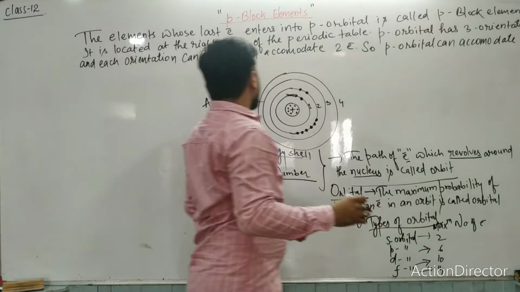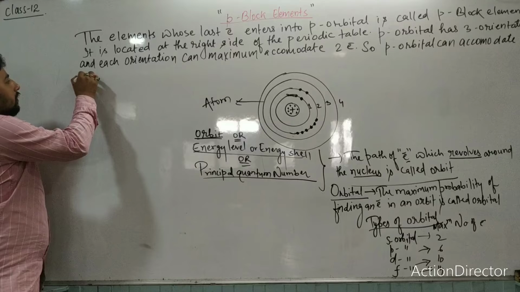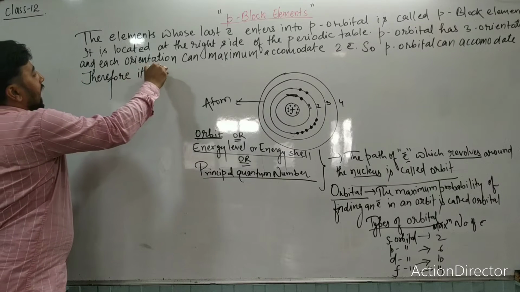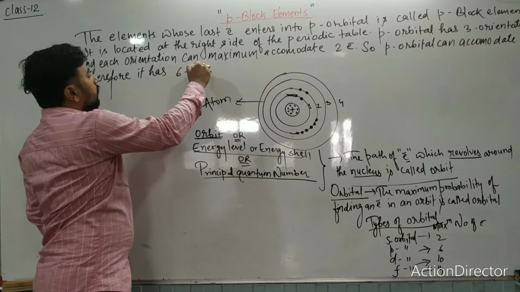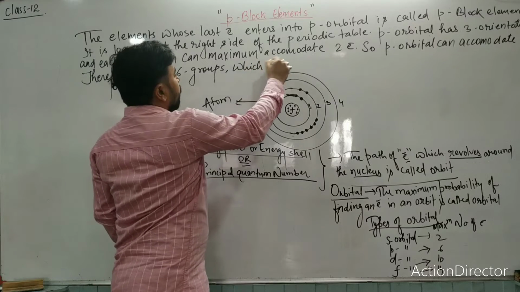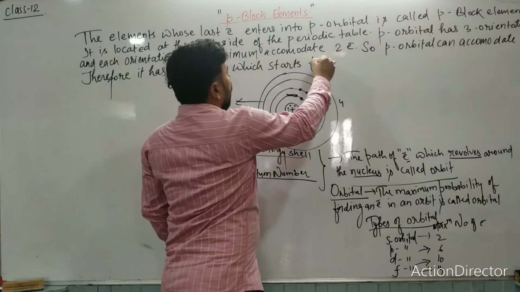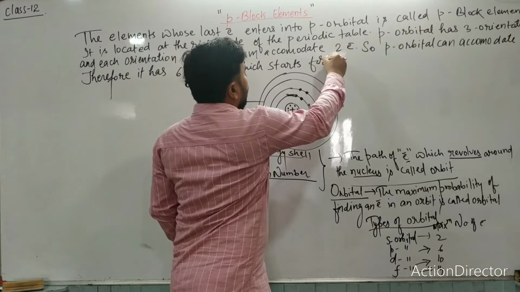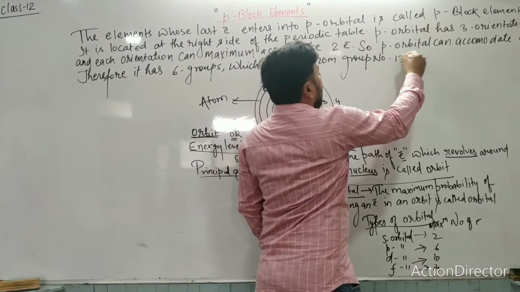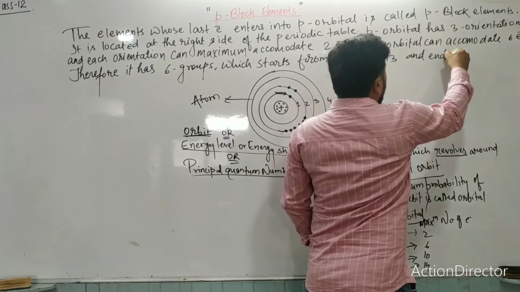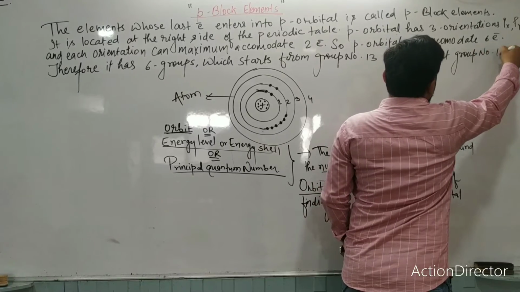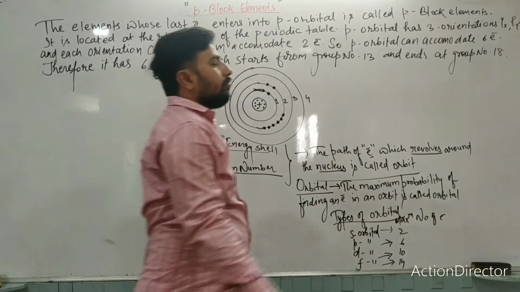Therefore, it has 6 groups, which starts from group number 13 and ends at group number 18. Is it okay?